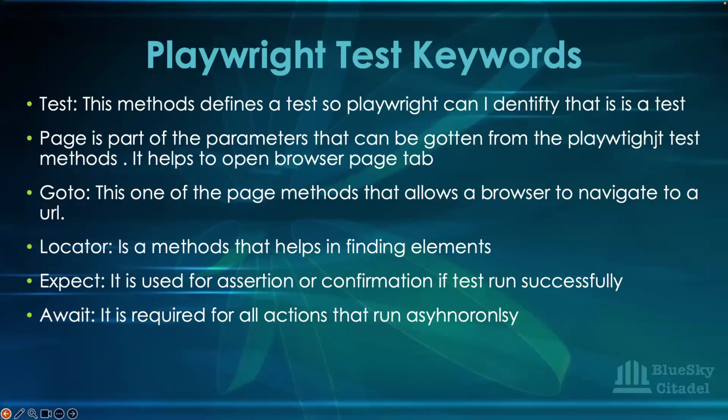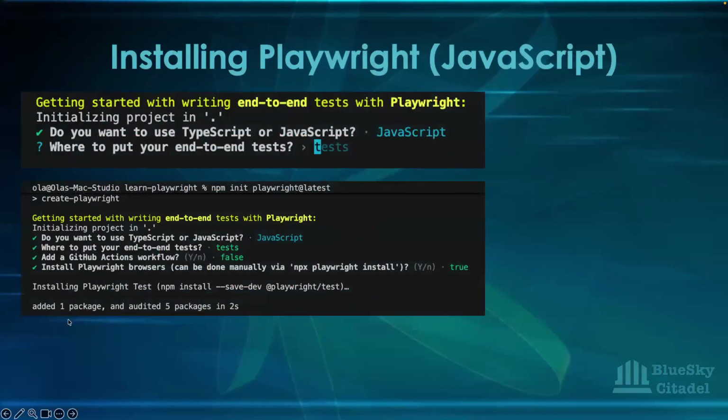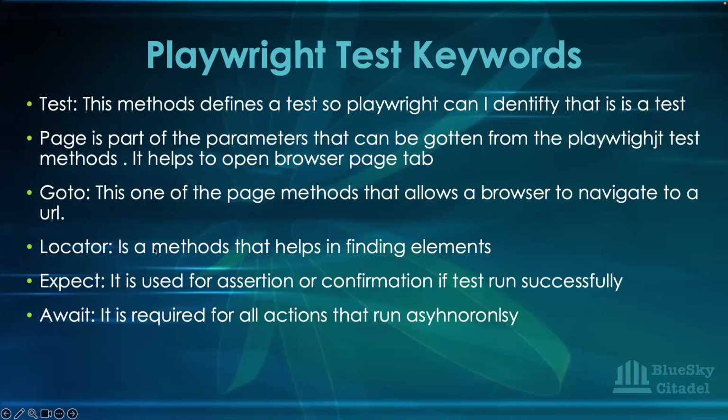Now we've installed Playwright already. The next part is going to be Playwright test keywords. These are the keywords that you are going to see on a daily basis as we write Playwright tests. The first one is the test keyword or the test method.